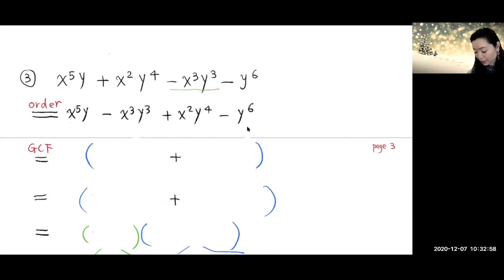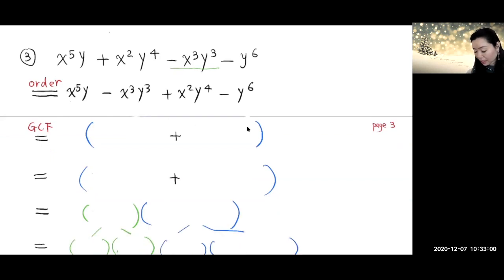After that, you see the exponent on x, from the highest exponent to lowest exponent.